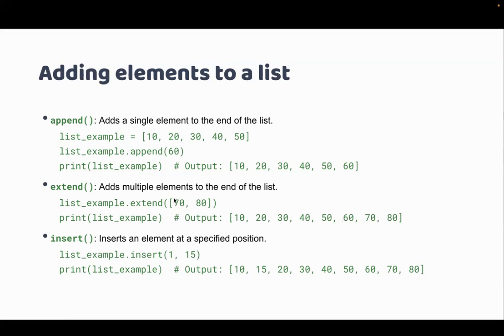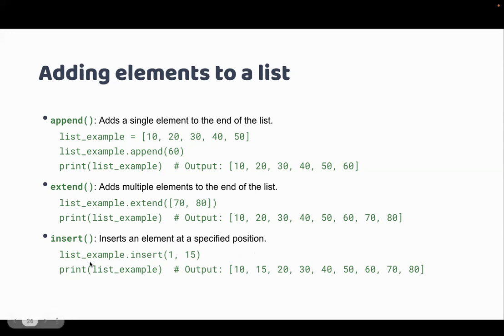And if you want to add an element into a specific position, we can use insert. The first parameter of insert is the index where you want to insert the value, and the second parameter is the value you want to insert.